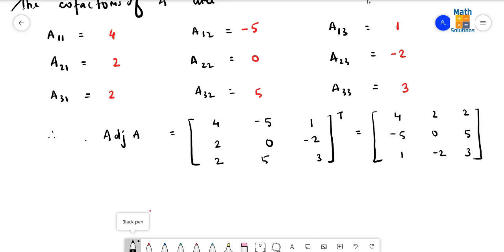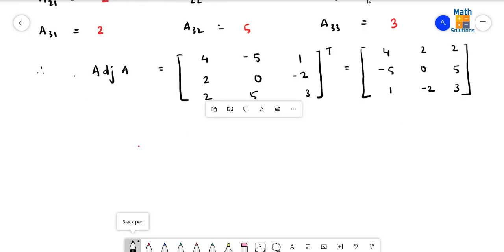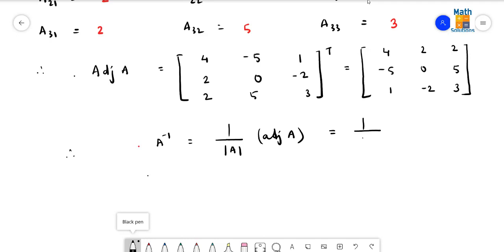So this is the result for adjoint of A. Therefore A inverse comes as 1 by determinant of A into adjoint of A. Determinant of A, the value we obtained was 10. So I can put here 1 by 10 times 4 2 2, minus 5 0 5, 1 minus 2 3.